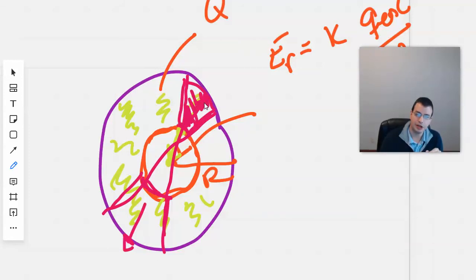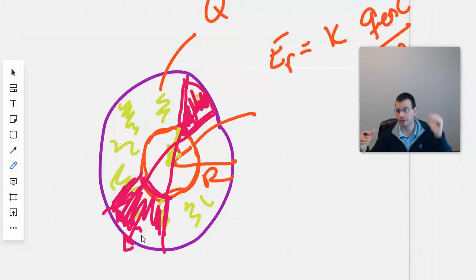This area right here has fewer charges, but it's closer to the point we're measuring. And this section over here has more charges. Let's say this is the same angle on both these lines here. They are more charges, but they're farther away. And so the fewer charges but closer, more charges but further, balance each other out exactly, and so they have no effect.